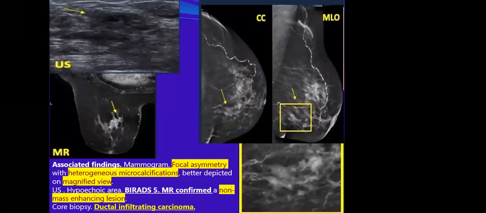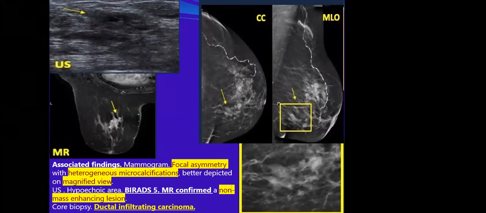In this example, there is an area of focal asymmetry in the inner lower left breast. Subtle distortion is there, but we could not appreciate the calcification. But in the spot compression magnification, there is heterogeneous microcalcification.